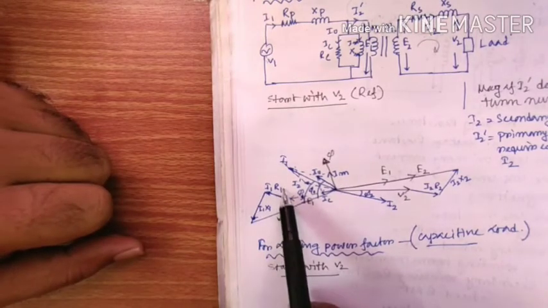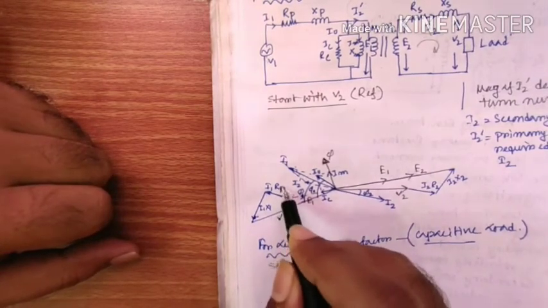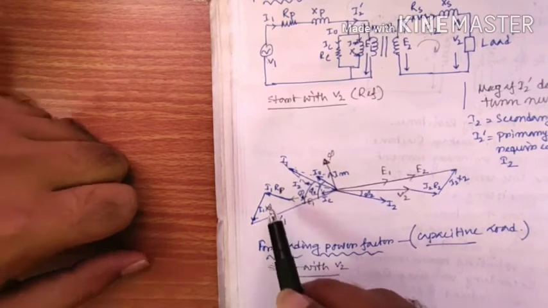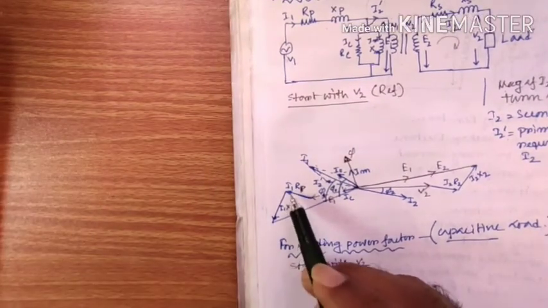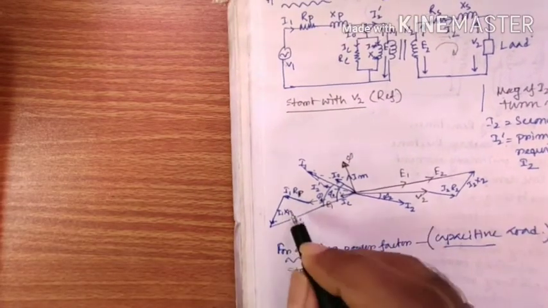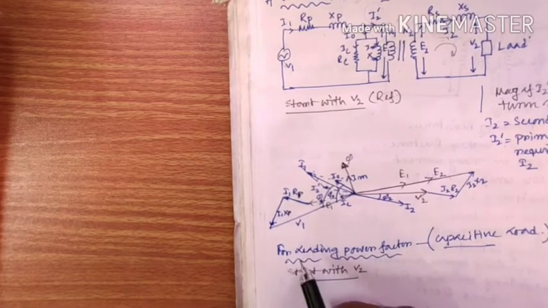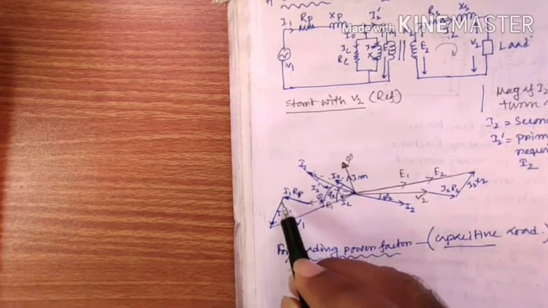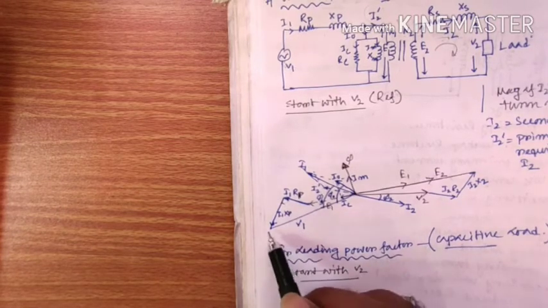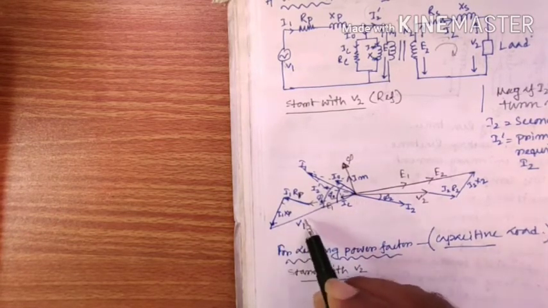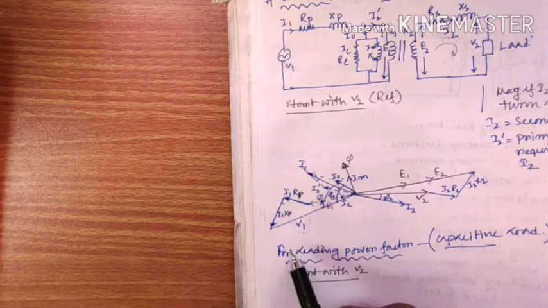This should be RP actually. It is written here. This is RP. Now I1 current is flowing through XP, so that inductive voltage should lead by an angle of 90 degrees. So this is I1 into XP. Their summation should give us V1, the primary excitation given to the system.